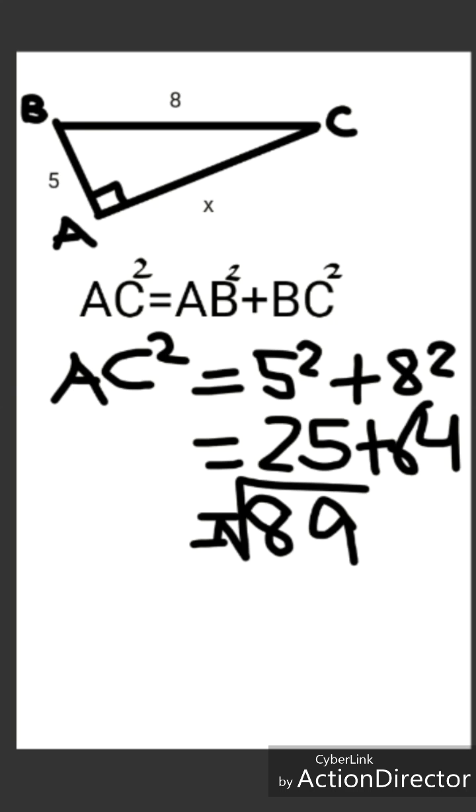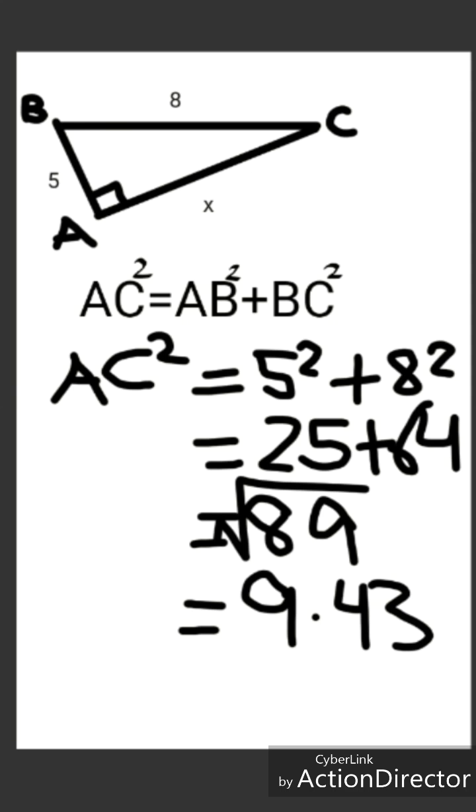So now you may want to use a calculator for this because 89 isn't a perfect square. But the answer is actually 9.43. So, in other words, AC equals 9.43.